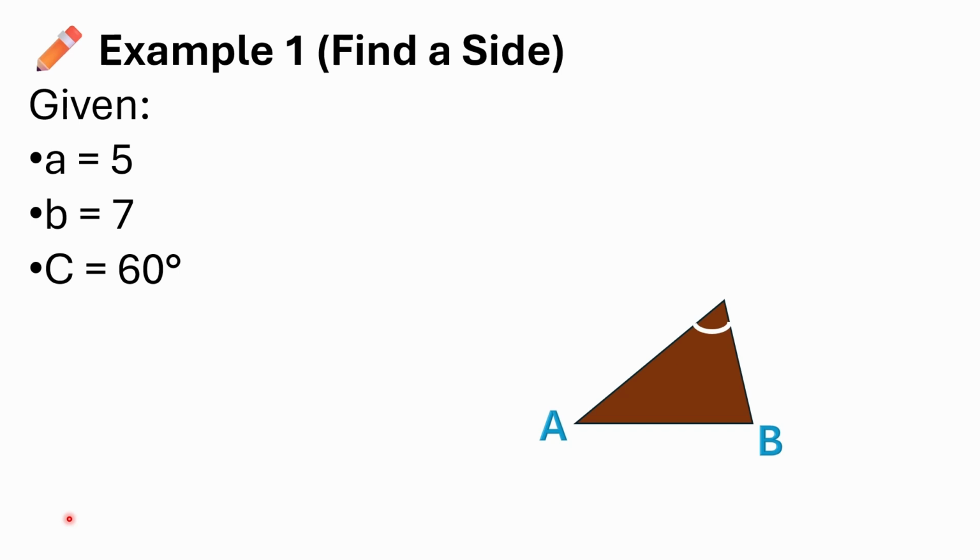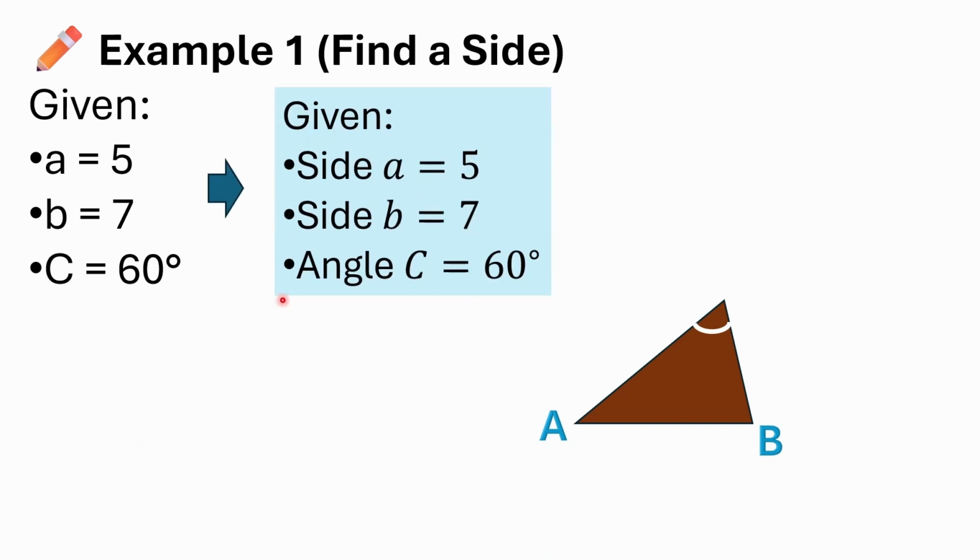Now, let's have an example. Example number 1. We have small letters a, b, and capital C. Meaning, we have side a equal to 5, side b equal to 7, and angle C is 60 degrees.